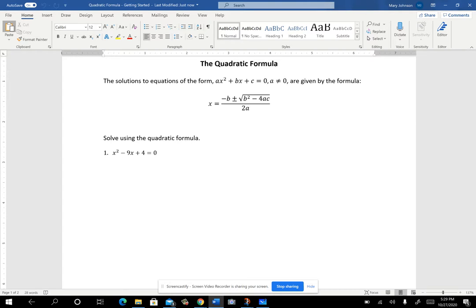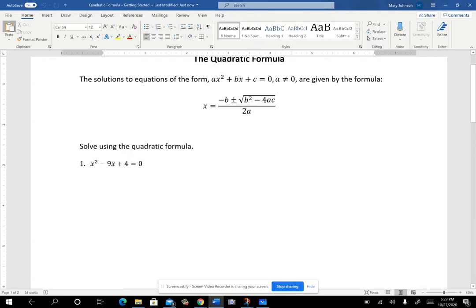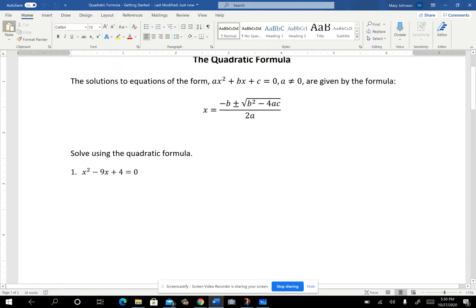All right, now here's the good part. What's going to happen is sometimes when you're trying to solve a quadratic equation, like what you see on number 1, the problem doesn't factor. And so far, all you know is how to solve these by factoring. But what happens if it doesn't factor? What do you do?